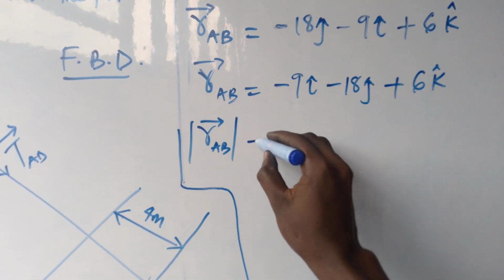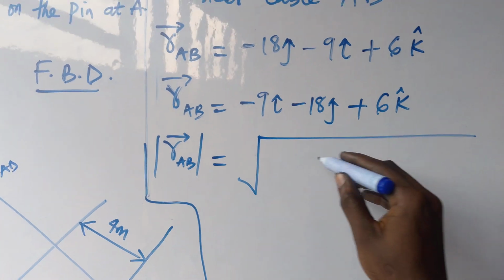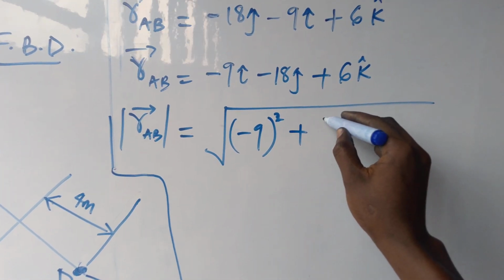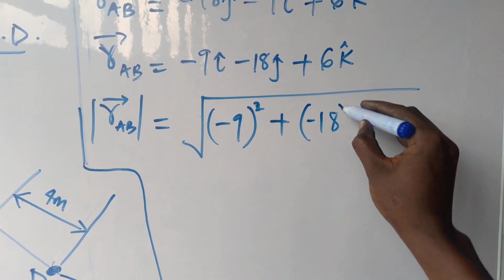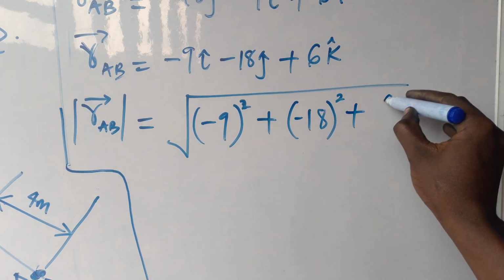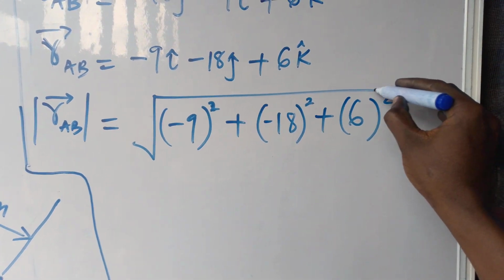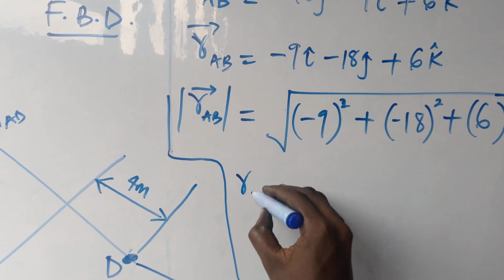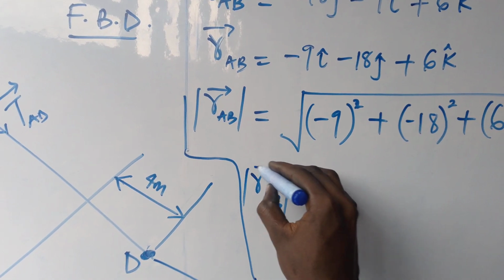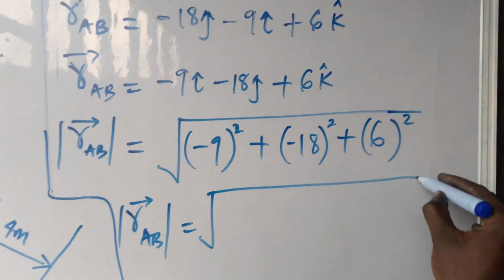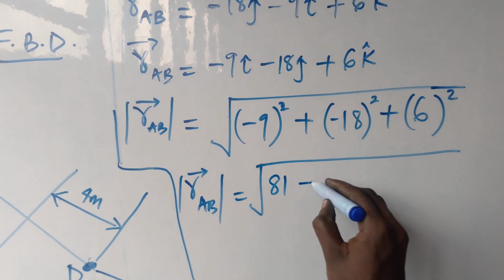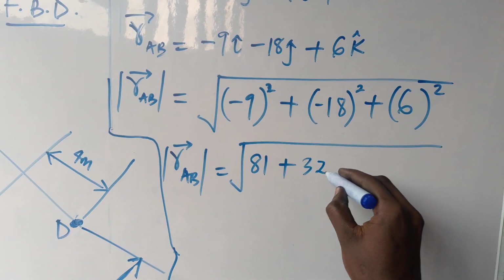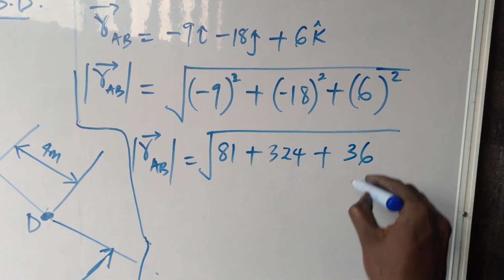The modulus of the vector will be the square root of minus 9 raised to the power of 2 plus minus 18 raised to the power of 2 plus 6 raised to the power of 2. Okay, so that is using Pythagoras rule. Then the modulus of vector RAB equals the square root of 9 squared is 81, 18 squared gives me 324, plus 36.